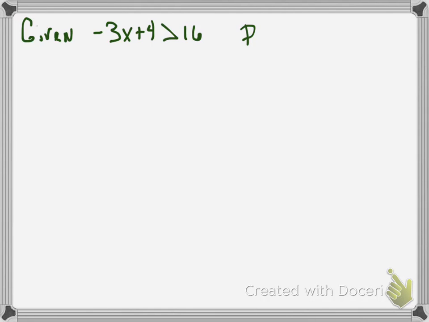All right, so here's one for you. Here's an algebraic indirect proof. Given negative 3x plus 4 is greater than 16, prove that x is less than negative 4. In an indirect proof, you look at this, x is less than negative 4, and you do the opposite. The opposite of that would be greater than or equal to, because it's not just greater, it also could be equal.